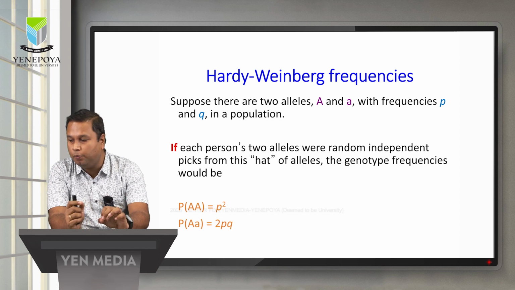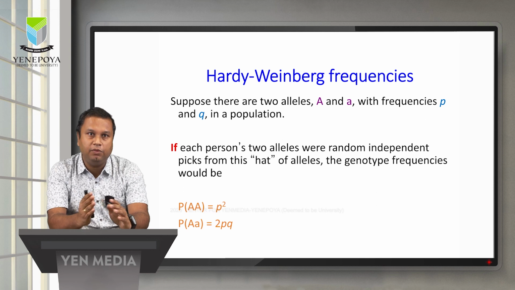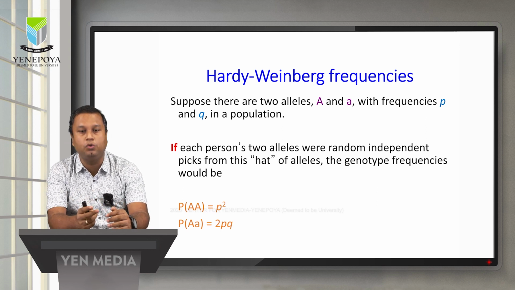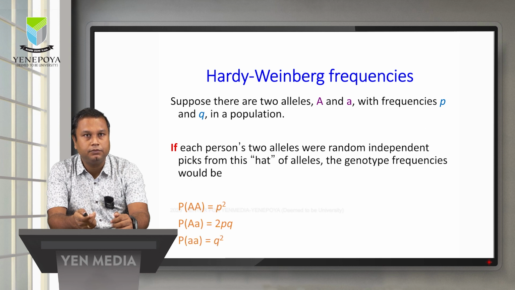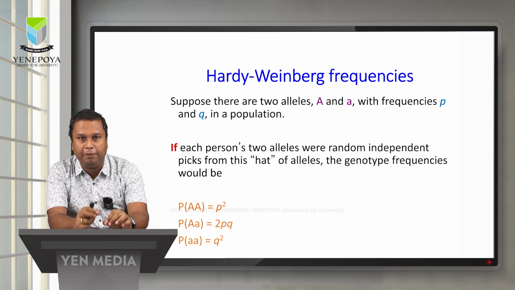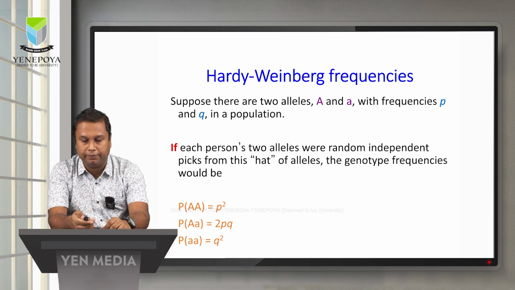Capital A small a is 2pq. The first one you are picking p, the second one you are picking q, and another option is the first one you are picking q, the second one you are picking p, so together it is 2pq. Finally, for small a small a, both times from the hat you are picking q, and q times q is q squared.